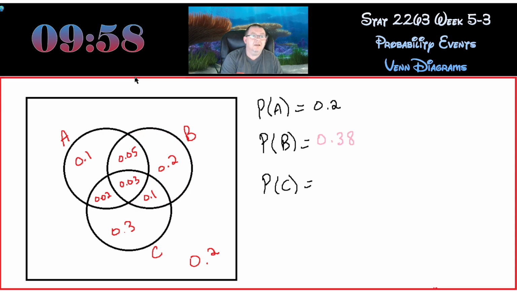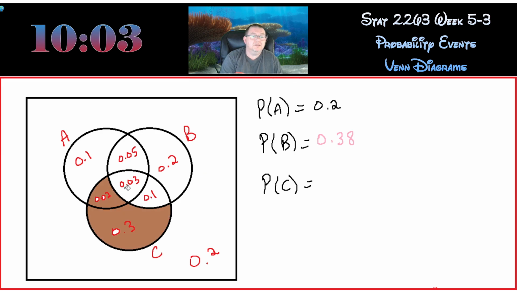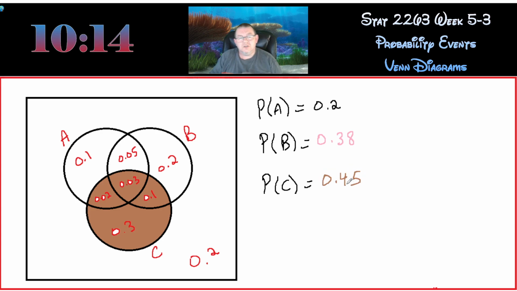Let's do brown, is these four numbers. So this is 0.3 and 0.1 is 0.4, and those add up to 0.5, so 0.45. So by having all these different areas, we are very easily able to calculate what we want.